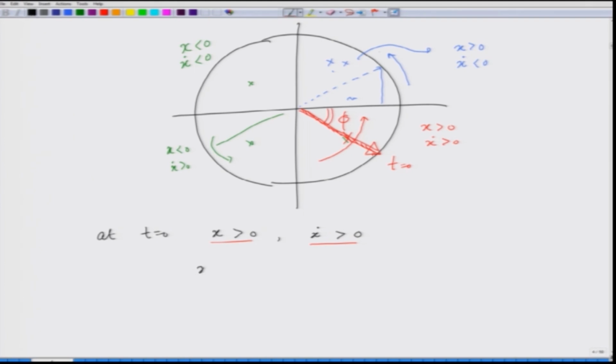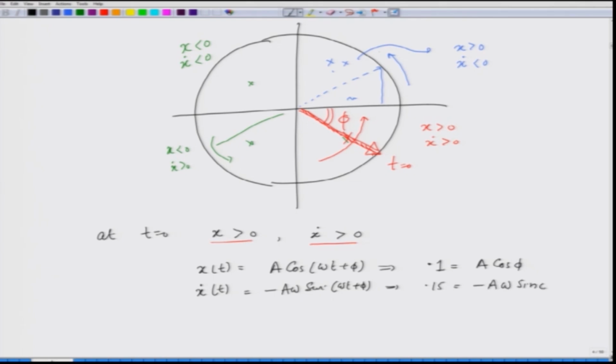So, you are given x t equals a cosine of omega t plus phi, which gives me that 0.1 is equal to a cosine of phi. X dot t, which is equal to minus a omega sine of omega t plus phi, implies 0.15 is equal to minus a omega sine of phi.